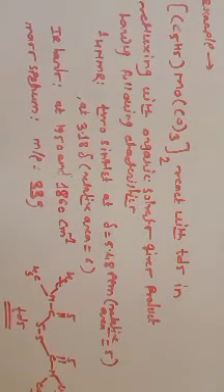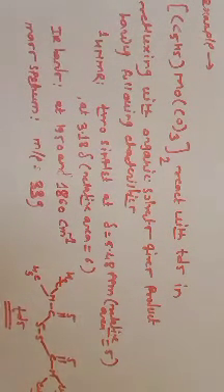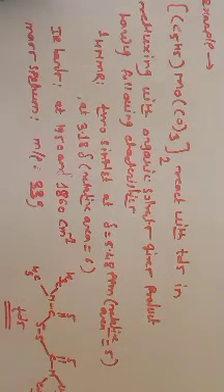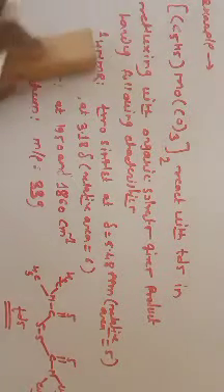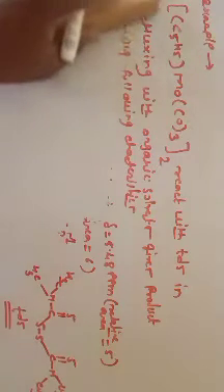So how can one find out the structure of the product? With the help of this information, we can easily find out the structure of the product. So let's discuss it.